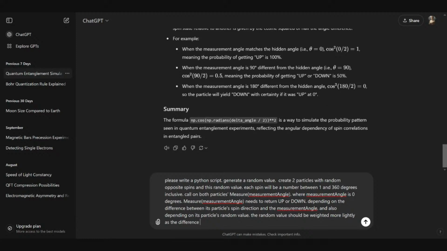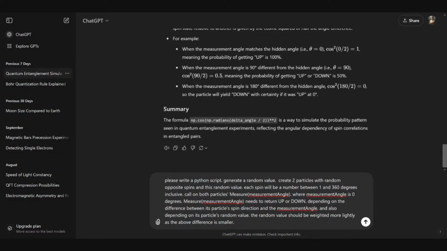So we need to define difference, as we already defined. As the above difference is smaller, as the angle difference becomes 0, the randomness becomes 0. What if the angle is 180 degrees?